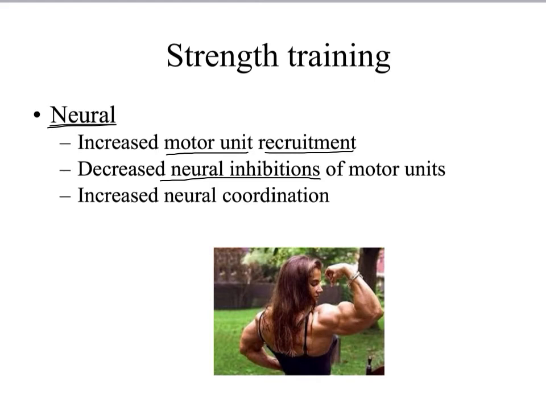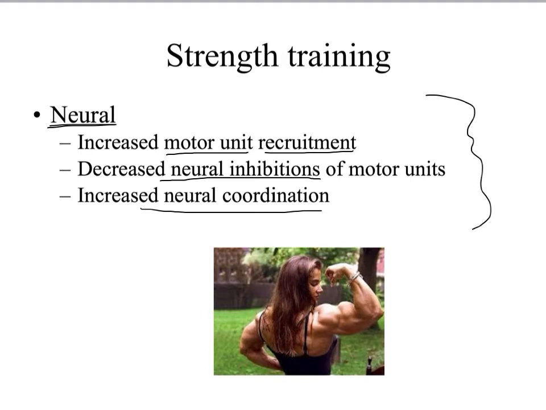And then you're also causing better coordination between the nerve cell and the muscle fibers. So these are all methods of increasing your ability to perform an exercise quicker at a higher rate and with more ease.